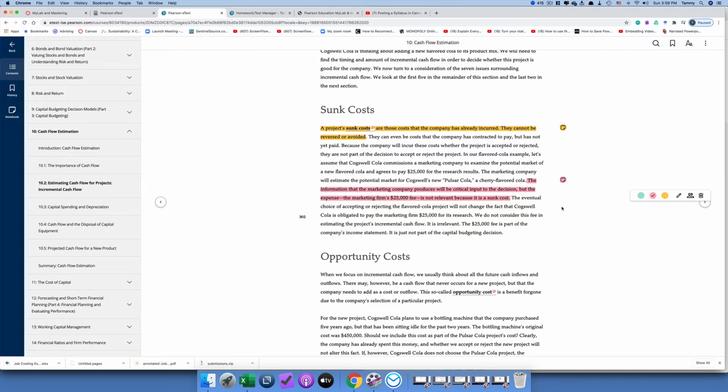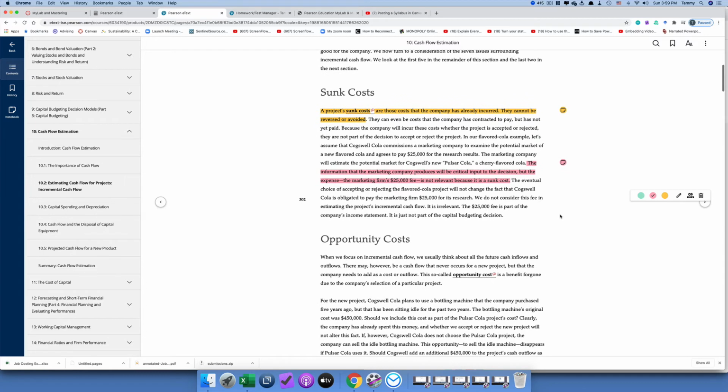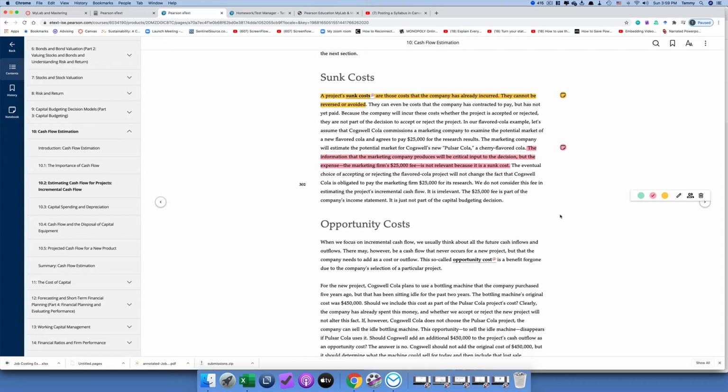Whether or not they go forward with this product, it's still going to get spent. So they shouldn't consider the $25,000 fee that they're paying to this marketing company as part of their capital budgeting decision. Now, it does go into the income statement, but it's not part of the capital budgeting decision looking forward as to whether they should or should not introduce that new product.